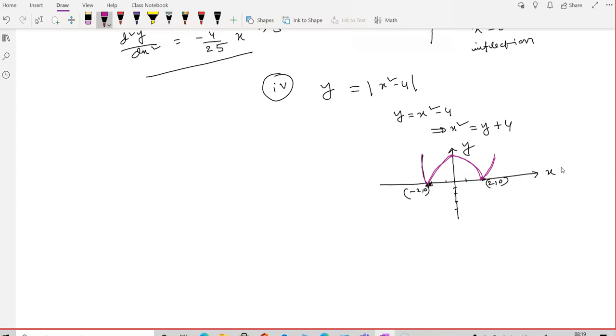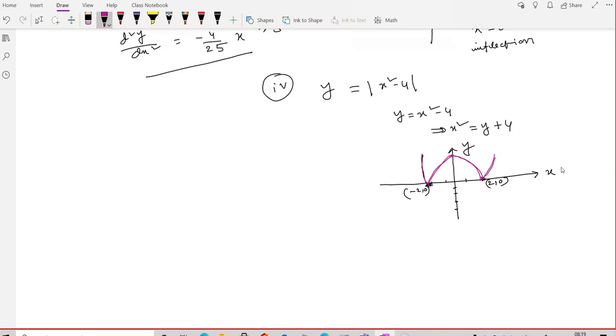And here you see the tangent does not exist at x equal to 2, neither vertical nor horizontal. The concavity of the curve does not change at the point, and the tangent also does not exist, because if the tangent exists, then dy by dx has a unique value. Here dy by dx is changing at this point. Just before the point 2, dy by dx is negative, and just after the point 2, it is positive.